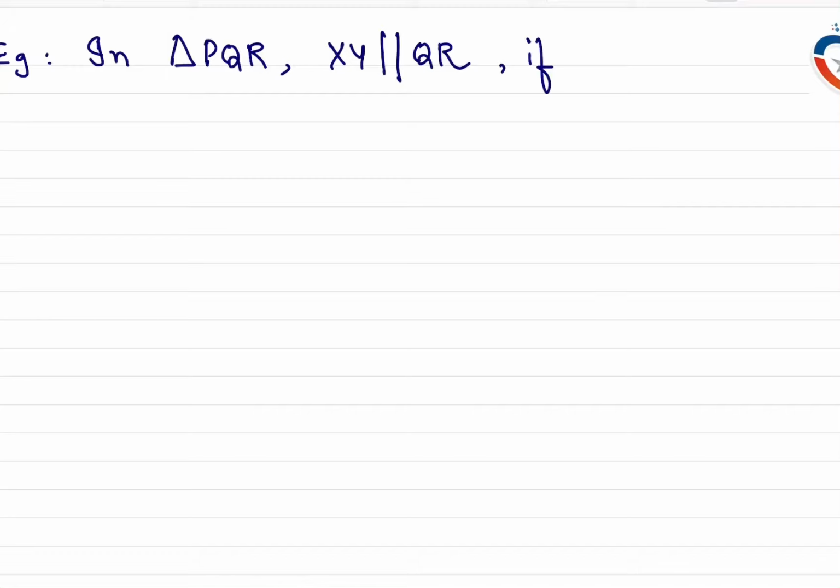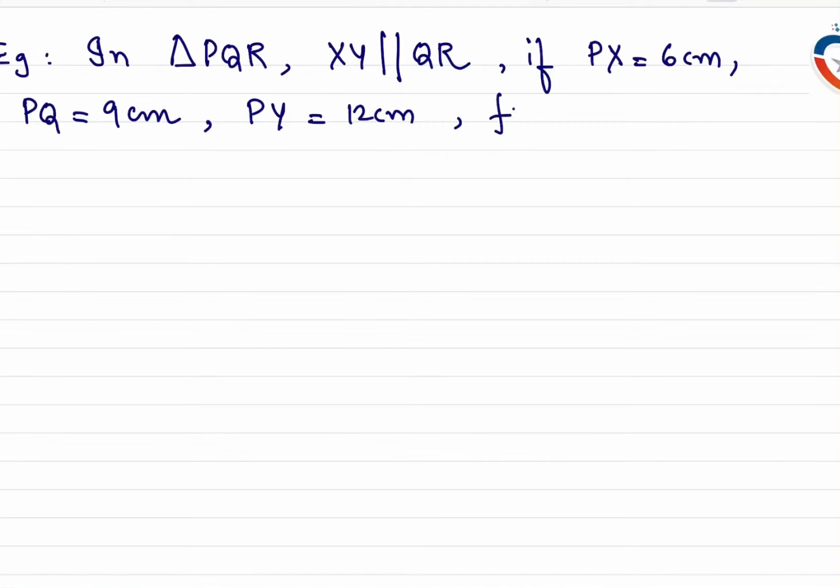Then if PX is equal to 6 centimeters, PQ is equal to 9 centimeters, PY is equal to 12 centimeters, find PR.